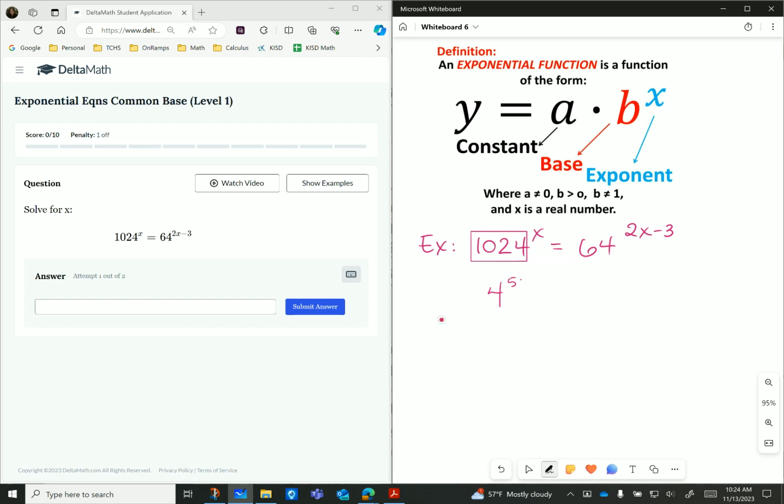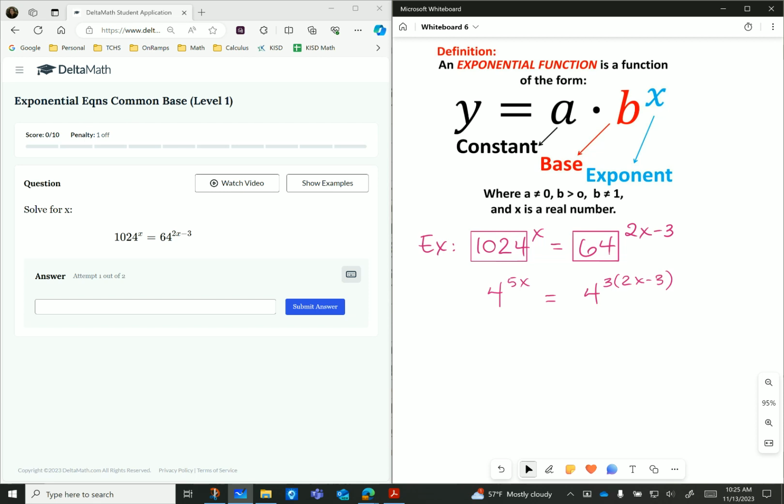And then this x of your exponent, I'm just going to bring it down and tag it along. 64, the base, I'm going to rewrite it. 64 is 4 to the 3rd. Then I need to bring down my exponent. But my exponent is an entire expression, so I need to make sure and put parentheses around the expression because it's not a singular term like the previous x.